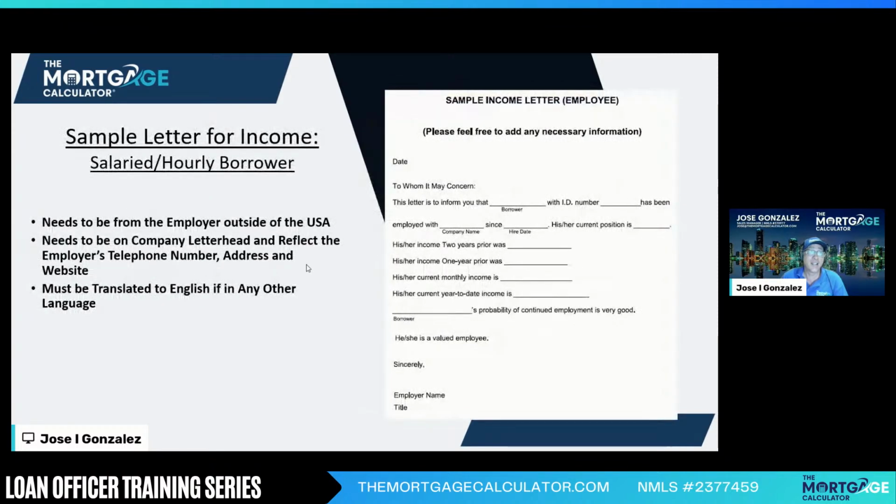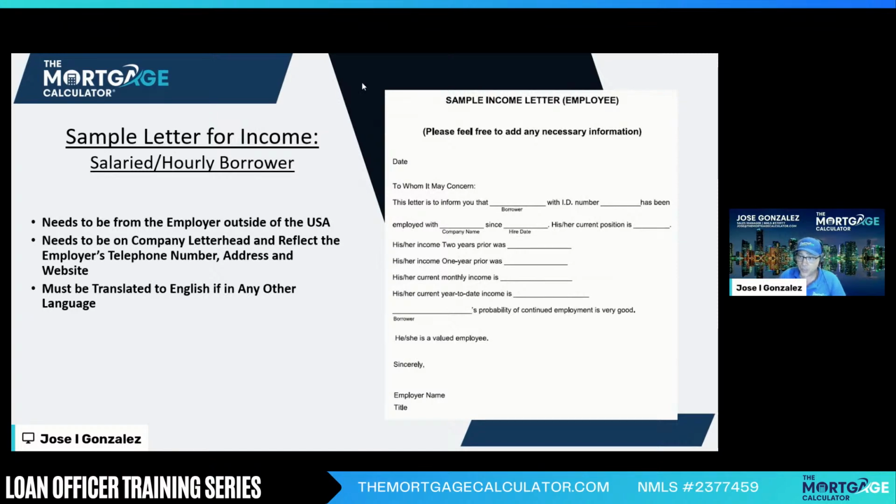And then last but not least, our sample letter for income for a salaried or hourly borrower. Again, their employer has to be where they reside, definitely outside the US, on company letterhead to reflect the employer's telephone number, address, and website, and translated to English if in any other language.